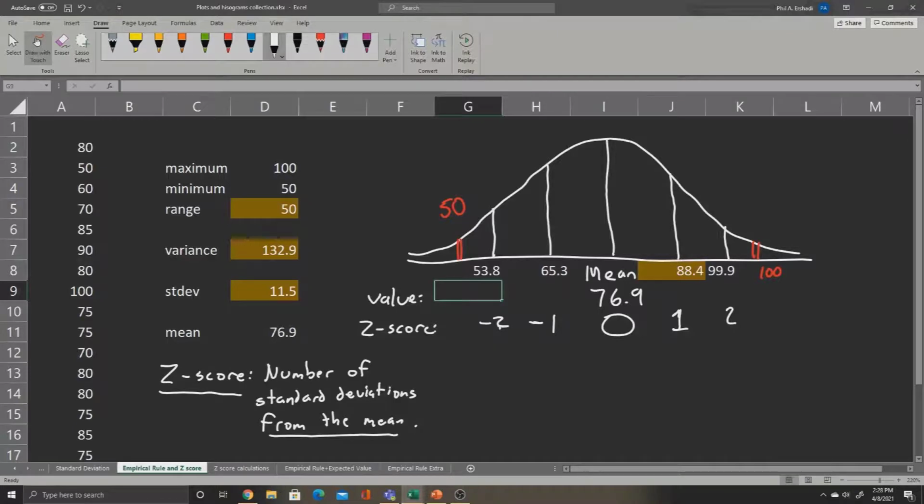Now at this point, you may also encounter something called the empirical rule. The empirical rule has to do with the percentages of the population that we would predict are between each of these markers in a standard normal distribution.